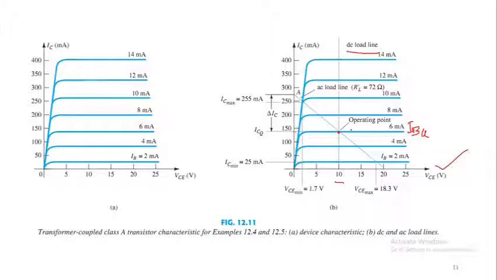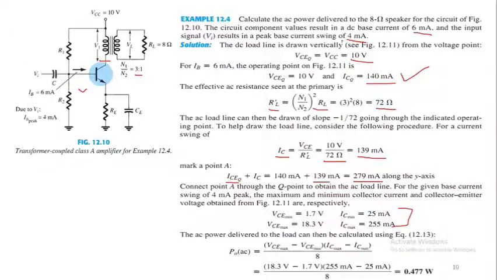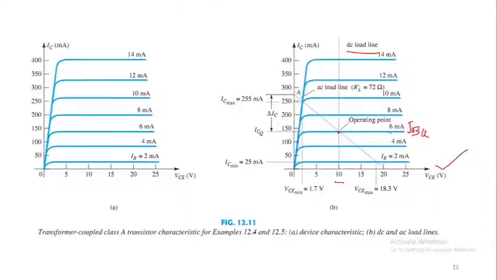अब इस पॉइंट पे अगर आप इस AC लोड लाइन पे नोट करें दिस 4 मिली एम्पेयर स्विंग, 4 milliampere in base current. So 4 milliampere in change in positive direction or upward direction.